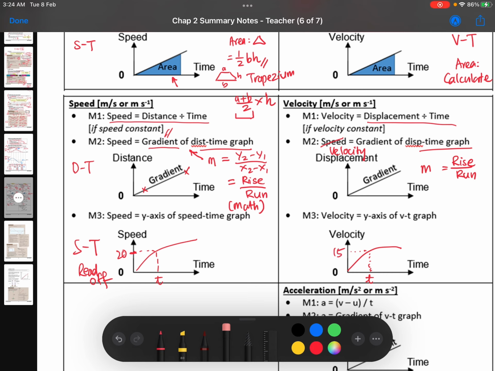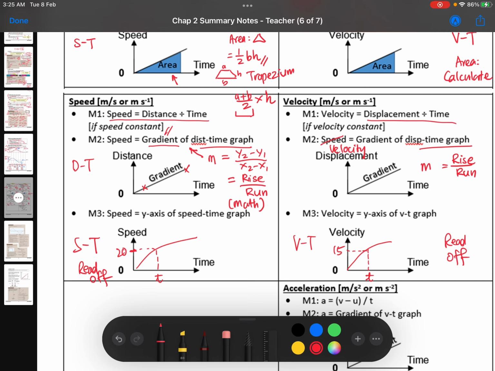Let me draw this properly. This is how you read off the velocity time graph. So these are the three methods in determining the speed or velocity.